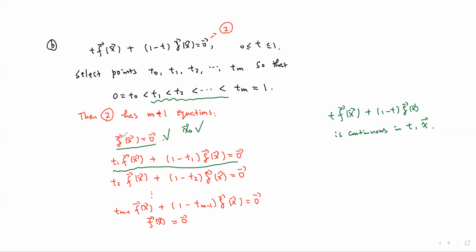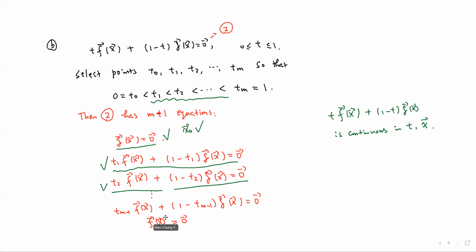So if I have a root for the first equation, I can use it as the starting point for the second equation by Newton method. After I find the root of the second equation, I can use it as the starting point to determine the root of the third equation by the Newton method. And so on.